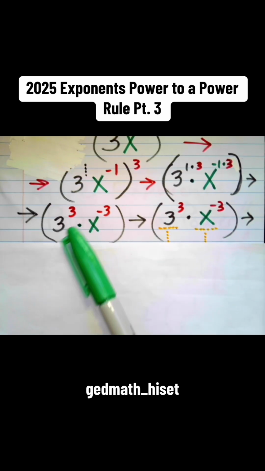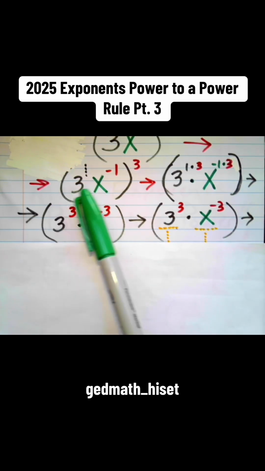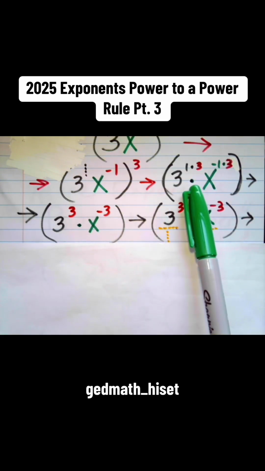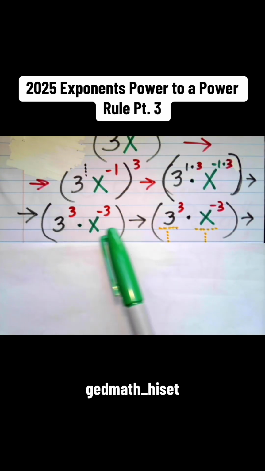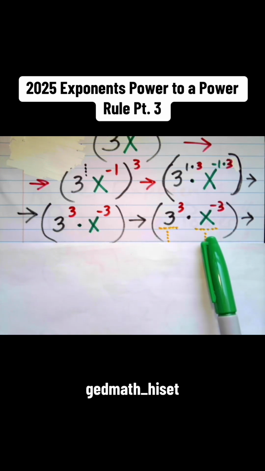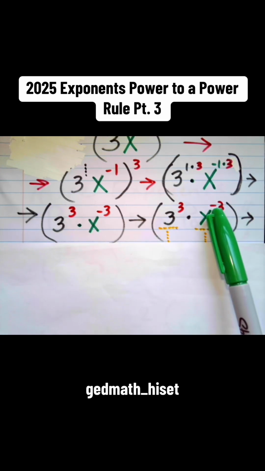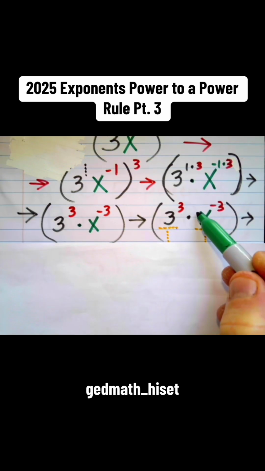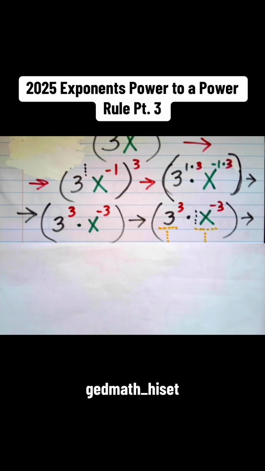I also want to show you here that this 3 and x are attached through multiplication. This means multiplication, so I'm going to separate them with the multiplication symbol. Again, show those invisible ones. It becomes extremely important in order to turn that negative exponent into a positive exponent. And remember, there's also that invisible one in front of that x.